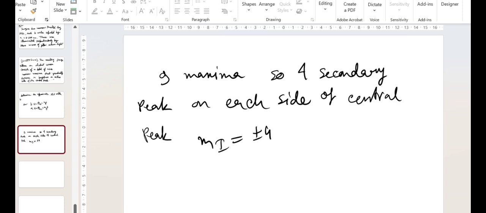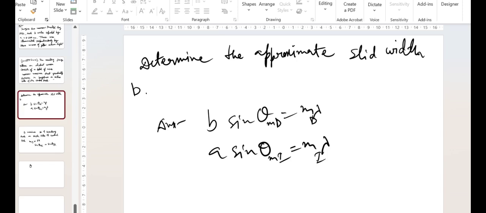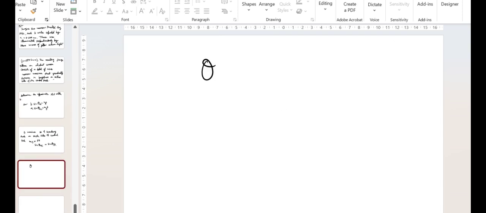So sine theta of the 4th interference maximum is equal to sine theta of the first diffraction minimum. So 4 lambda by a is equal to lambda by b.